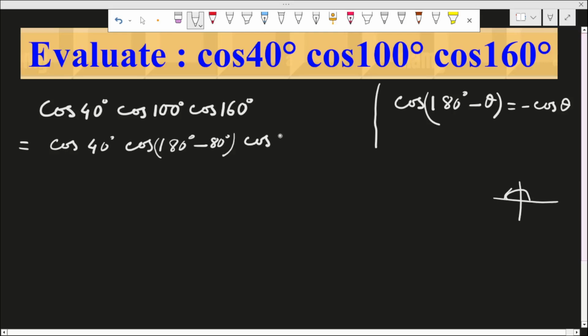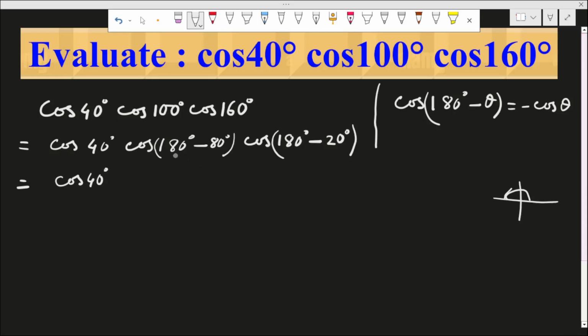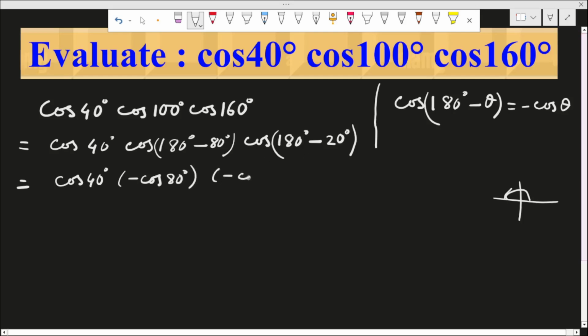Similarly we will write 180 degree minus, to get 160 degree we have to write here 20 degree. Now see, using this formula what we can write: cos of 40 degree, cos 180 minus theta is minus cos theta, here theta means 80 degree, minus, in this case, minus 20 degree.